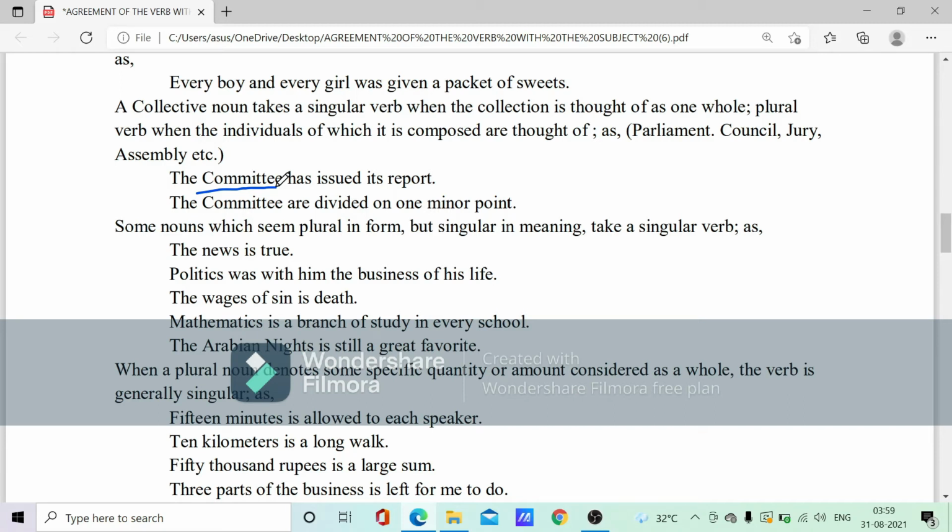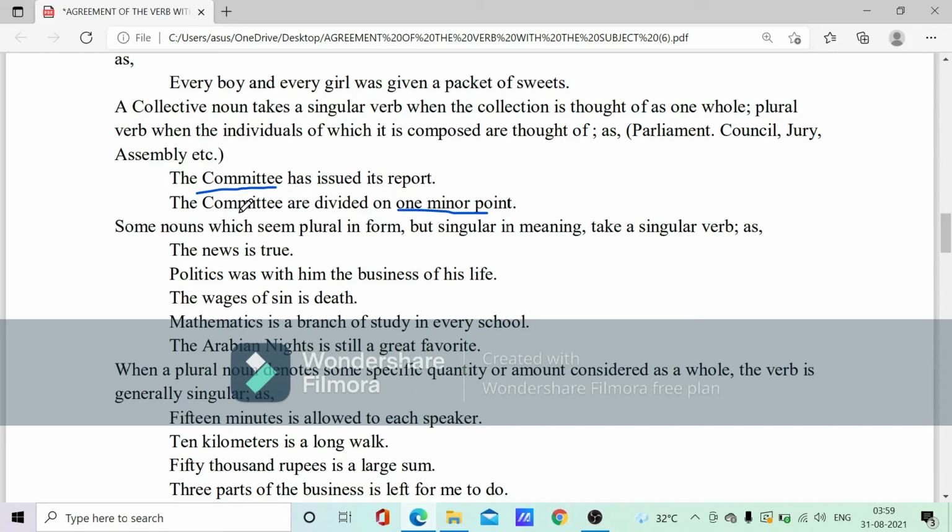But when the members of the committee are not agreeing on one point, and they have some differences of opinion, then in that case the word committee refers to a plural noun, right? And here the committee are divided on one minor point. That's why you would see that on this particular point, the committee are divided.